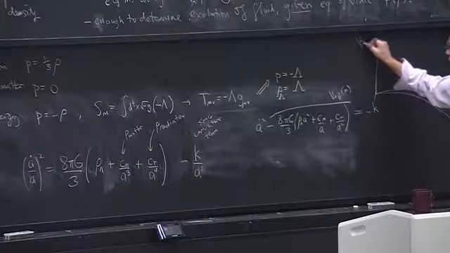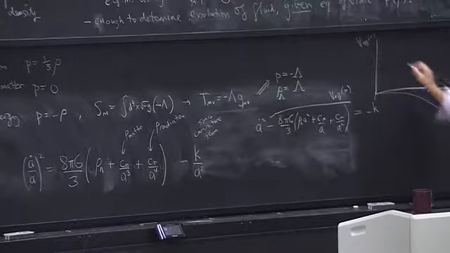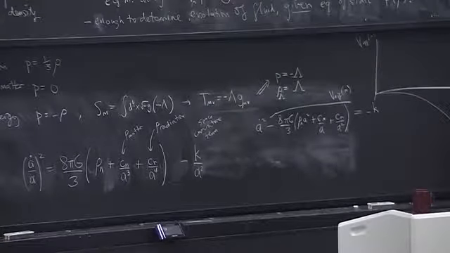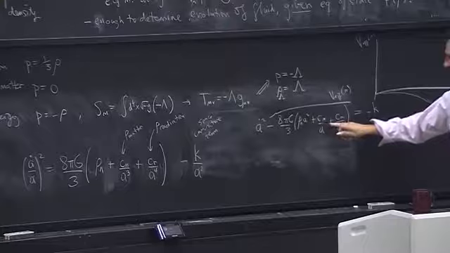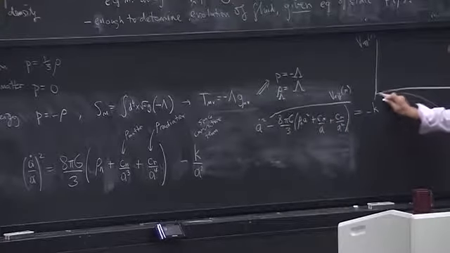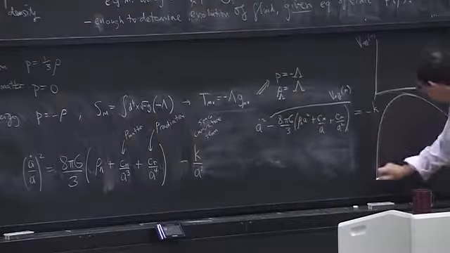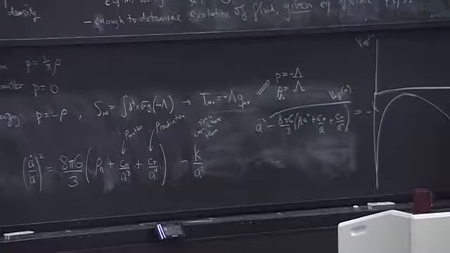This is V effective of A versus A. This is minus 1 over A or minus 1 over A squared, so that looks like this. So we have a particle, and minus k is the energy. So this level is minus k.